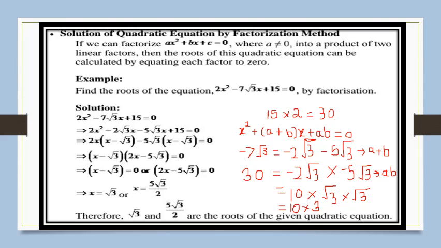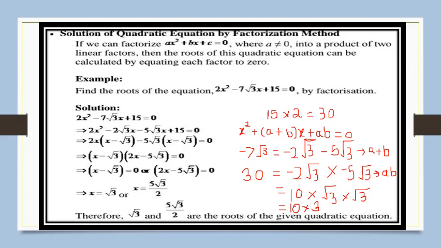Means the coefficient of x is nothing but the sum or subtraction of the two numbers, depends upon the sign, and the constant term is nothing but the product of the two factors. So same here, if you consider, ab is nothing but 30 and a plus b is nothing but minus 7 root 3.